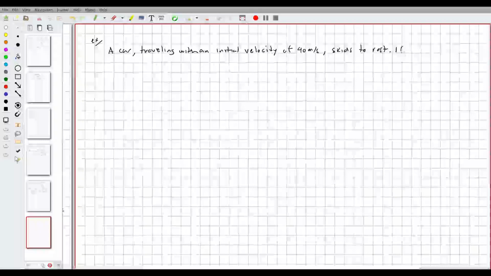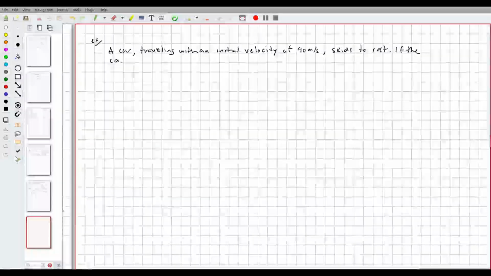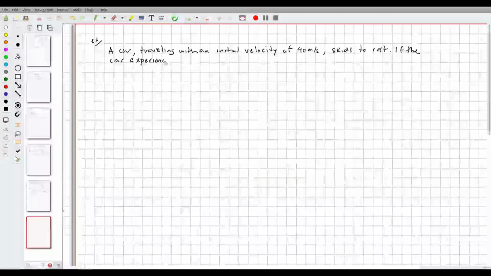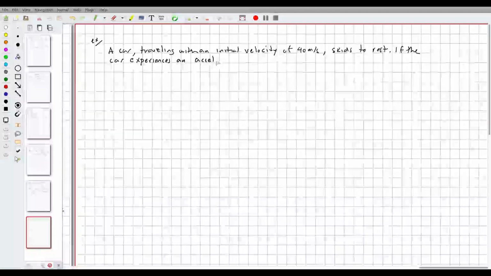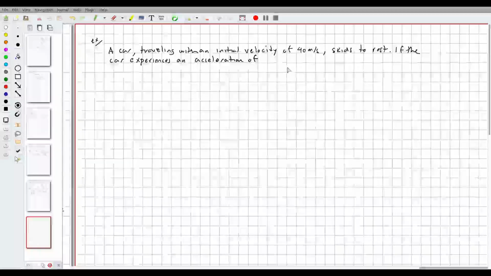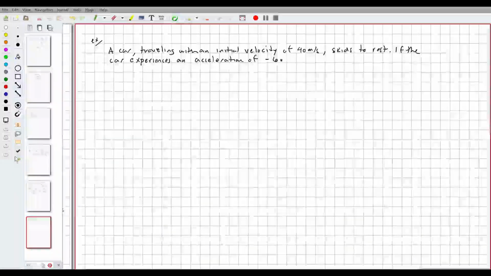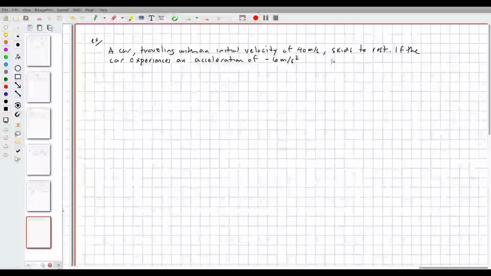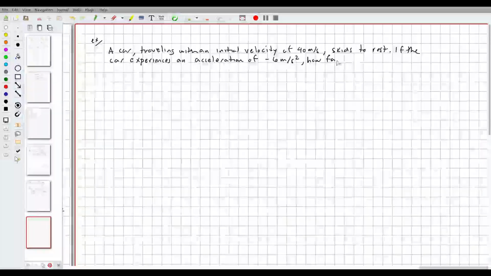If the car experiences an acceleration of minus 6 meters per second squared, how far did it skid?